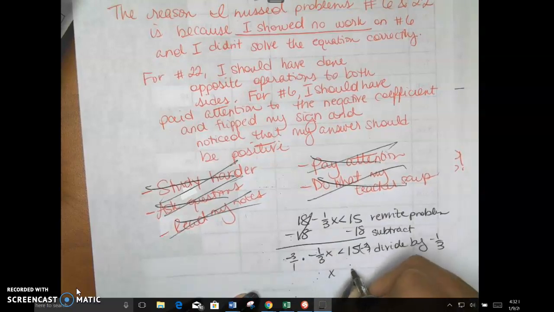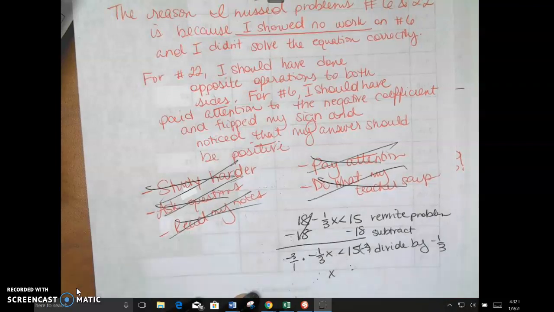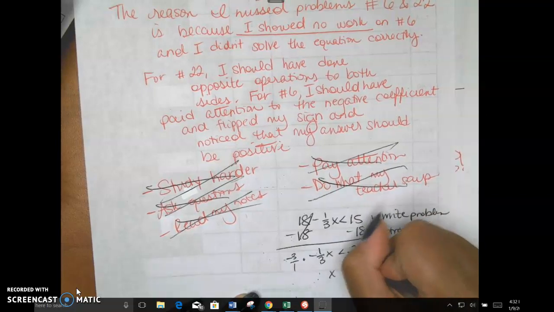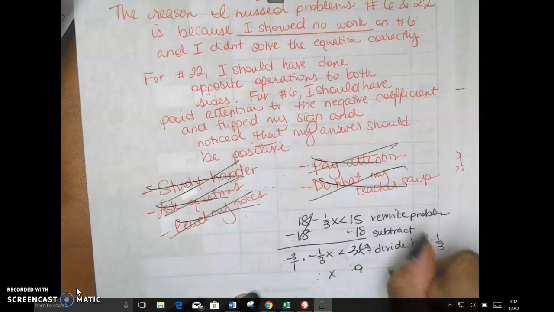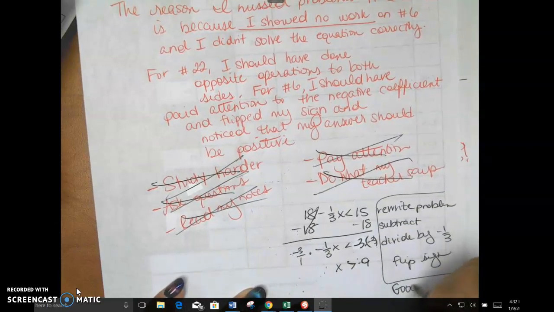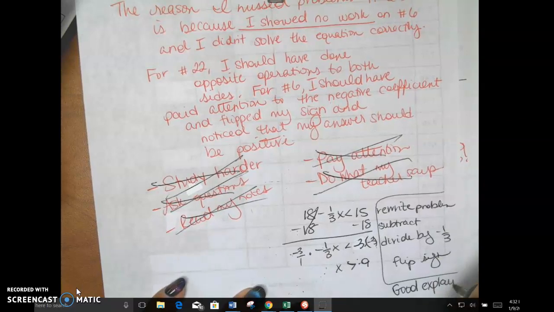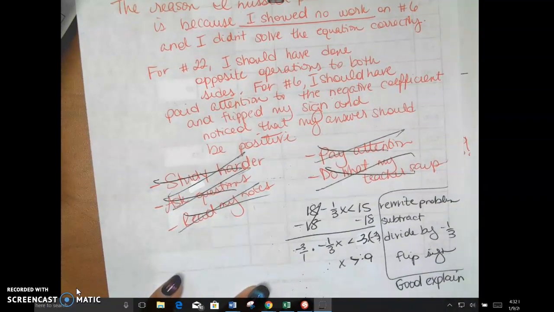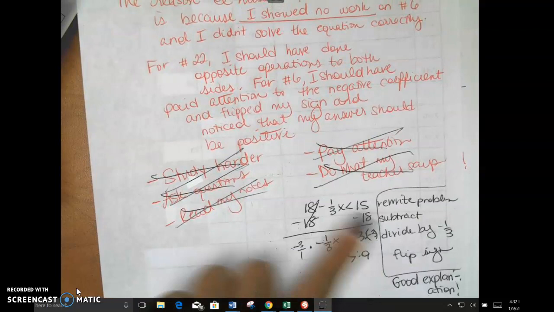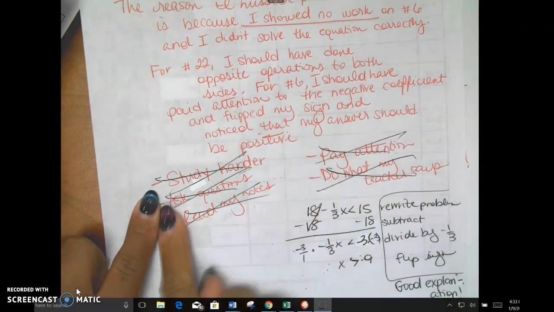X, oops, this should be negative 3. Flip sign. This too is a good explanation. Why? Because you are showing me step by step what you should do. Sorry guys, Ms. Starling's real particular about spelling. Okay? Your choice. Yes, yes, don't do this. You will not get credit for this.